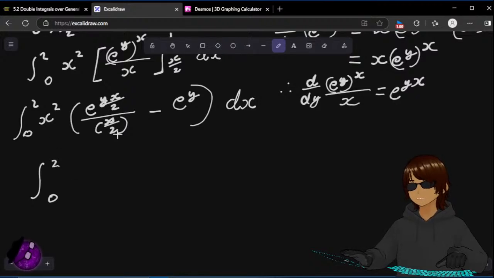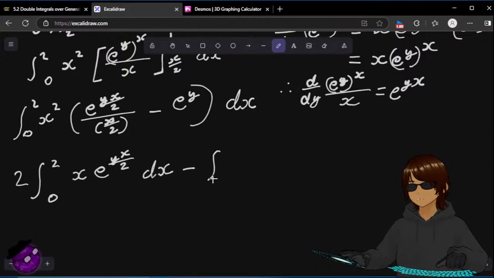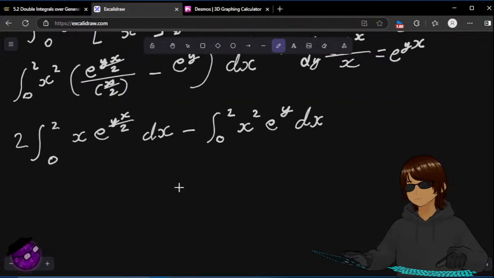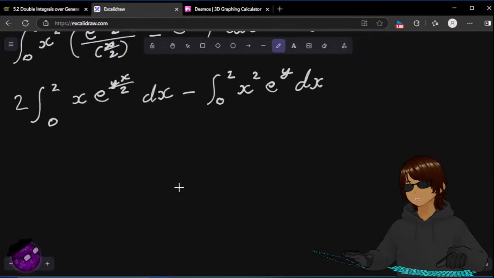X and x cancel, and we can take the 2 outside, but we will do that later. Y x over 2, and then there's no divide. We'll just take the 2 outside, and then minus it with, sorry, this is with respect to x, and minus it with, now it's y over 2, which is the constant in this case.